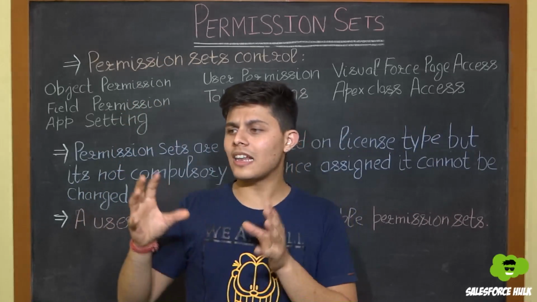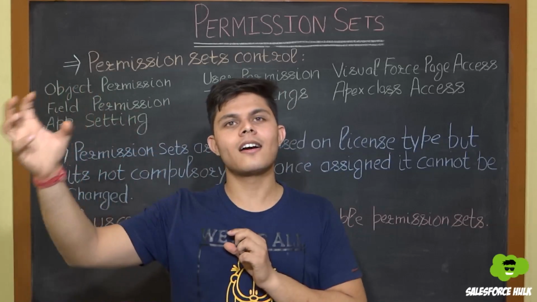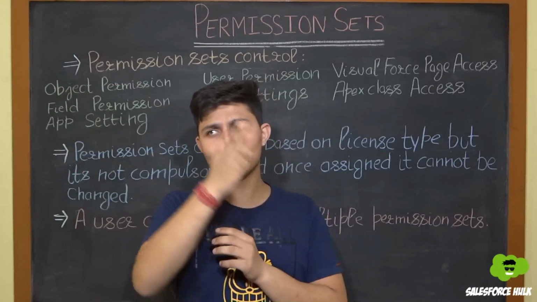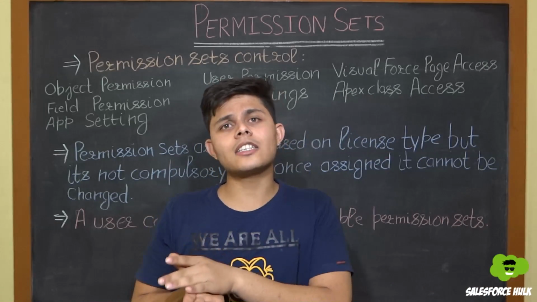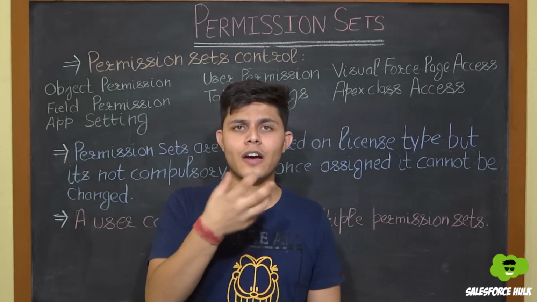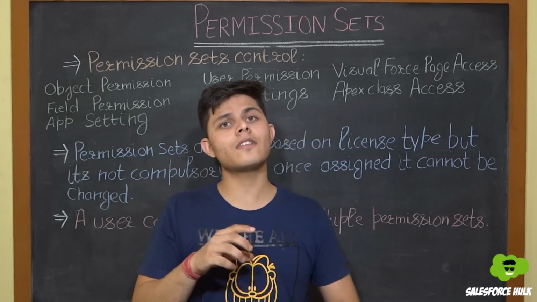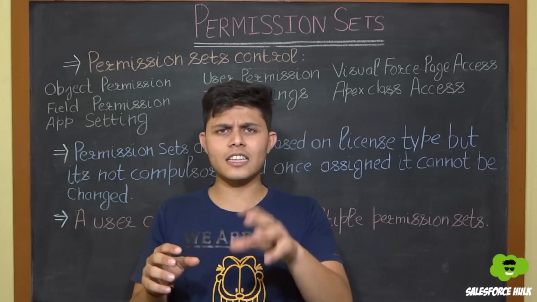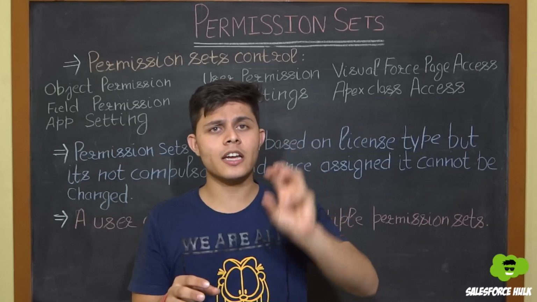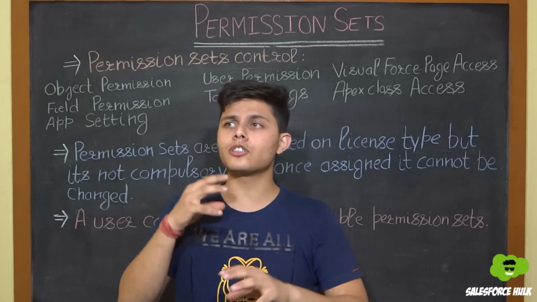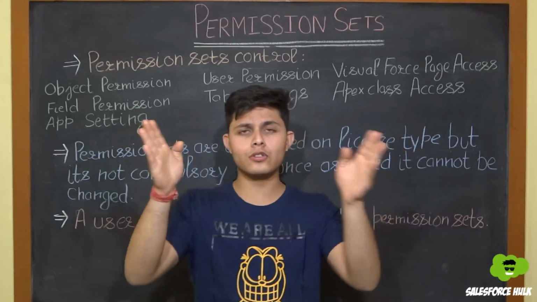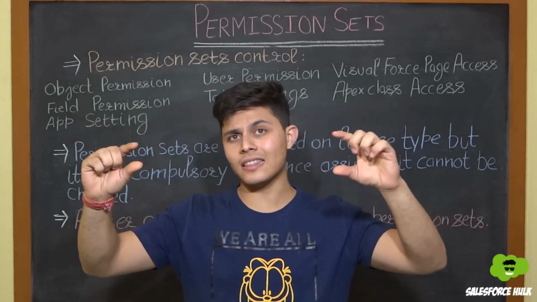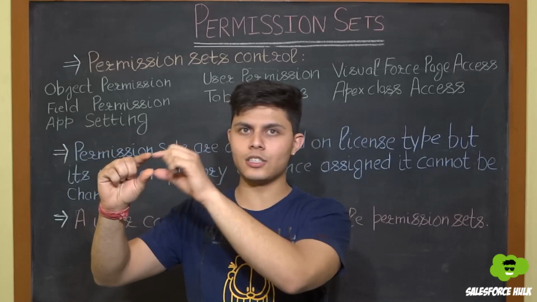Let's take the example of Anthony again. Anthony is working as a sales executive, as a marketing executive, and also as a support manager. In that situation, we'll assign one profile to Anthony, and then we'll combine the permissions for the support manager into one permission set and the permissions of a marketing executive into another permission set, and then we'll assign both of those permission sets to Anthony, the user.